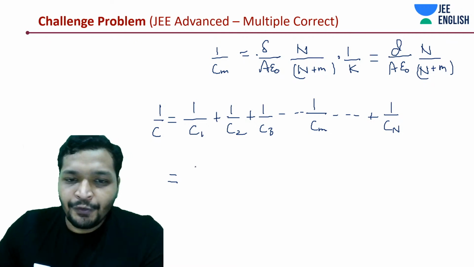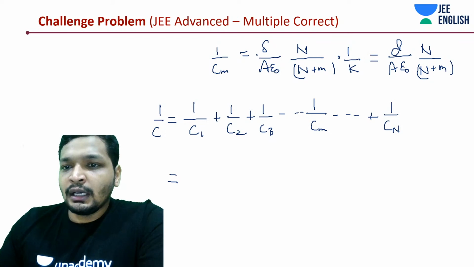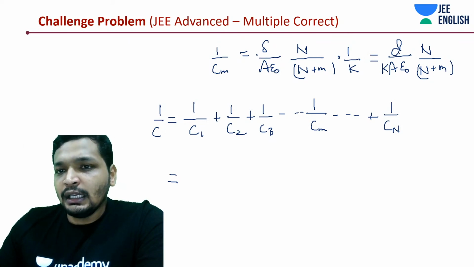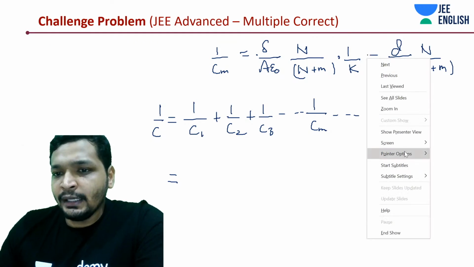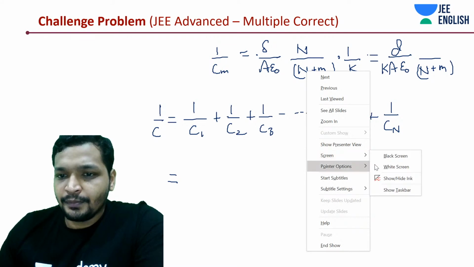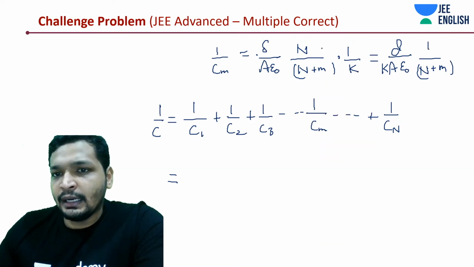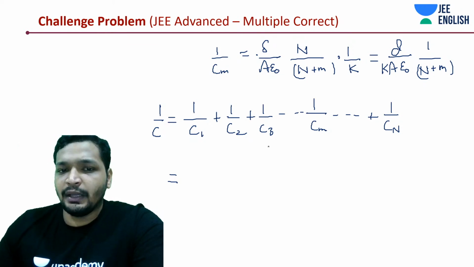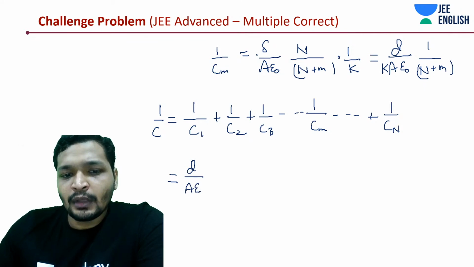Okay, but if you notice this pattern, you can take out d by A epsilon naught, which is common. This is 1, just 1, because d by n would get cancelled out. It's basically n by n.